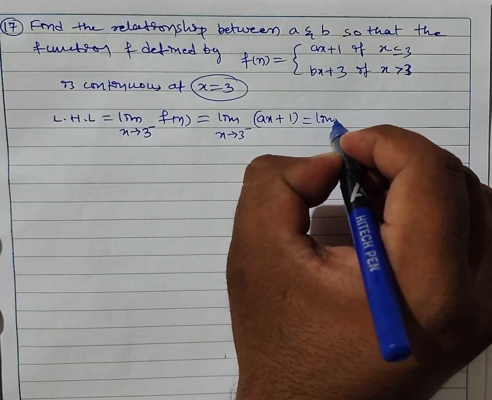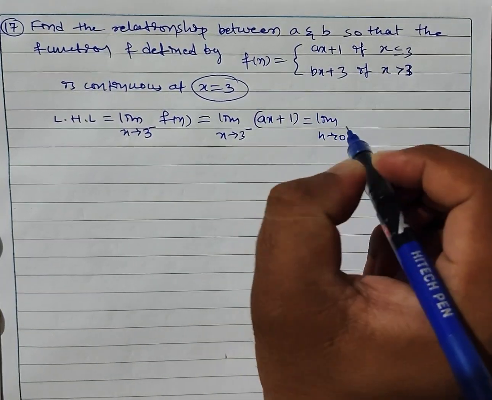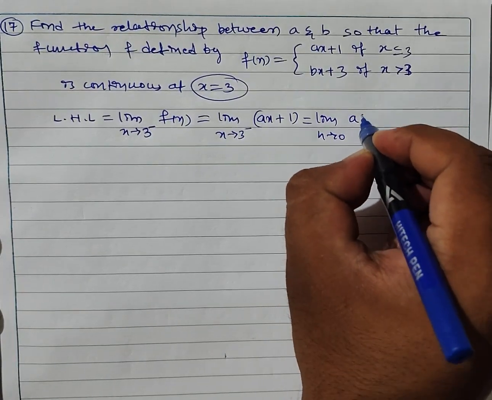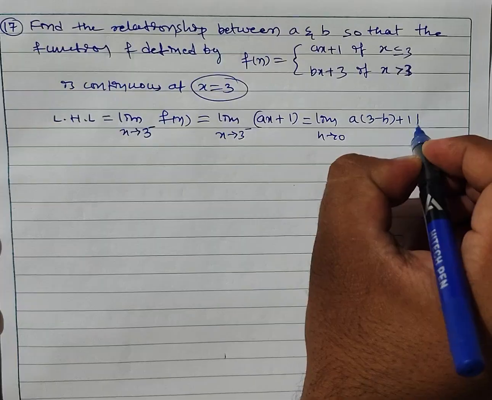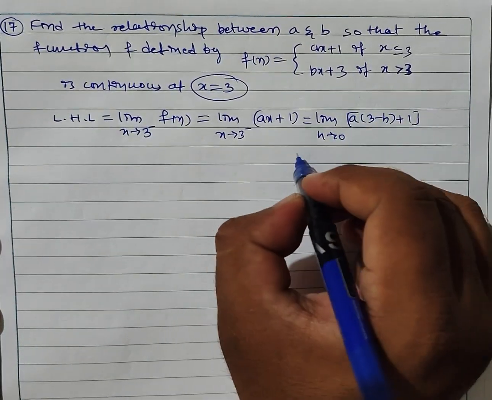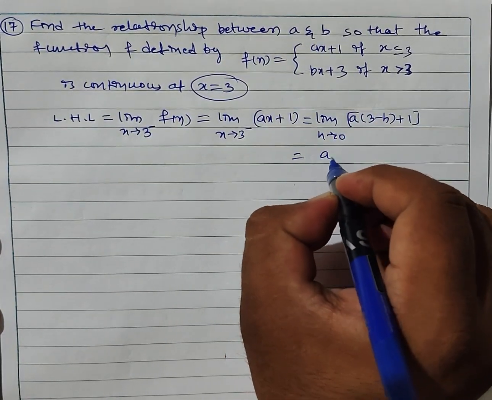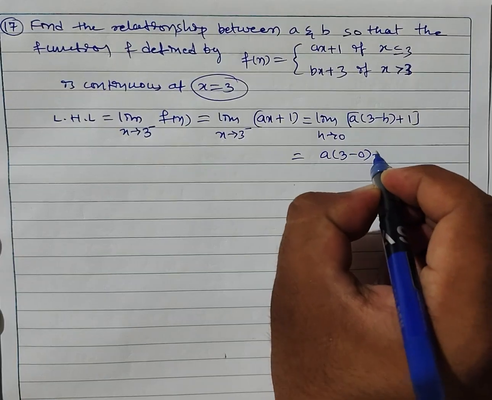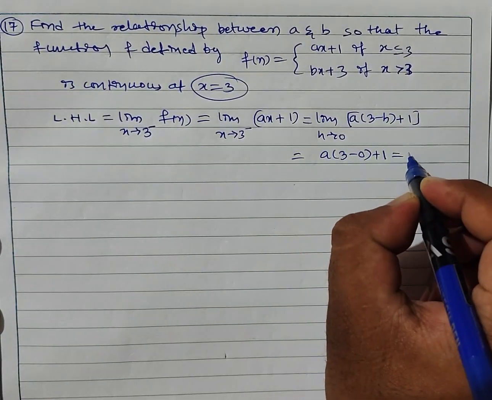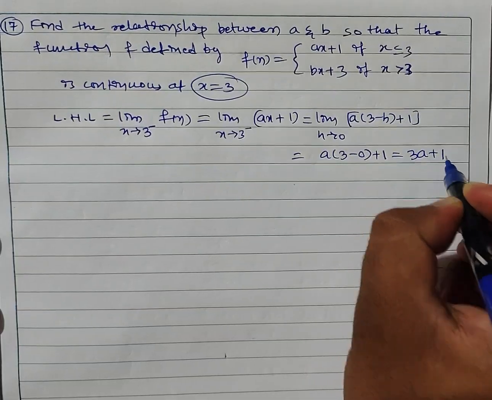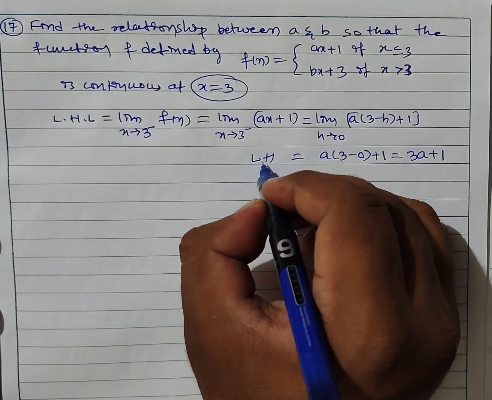Now limit h tends to 0, where it is x, x is replaced by what? a into 3 minus h, bracket, plus 1. Now substitute the limit value. So that is equal to a into 3 minus 0 plus 1. 3 minus 0 is 3. 3 into a, 3a plus 1. Okay. This is the left hand limit.